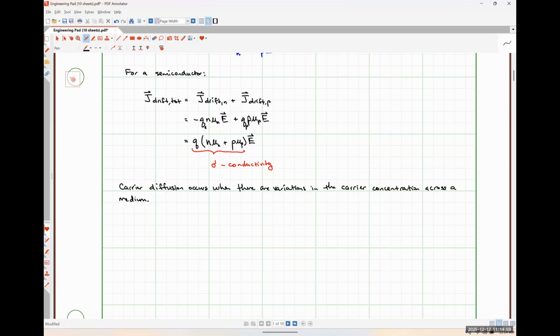So we need a concentration gradient, or a place where there is a very high concentration of charge carriers and a very low concentration of charge carriers that they're going to flow towards.